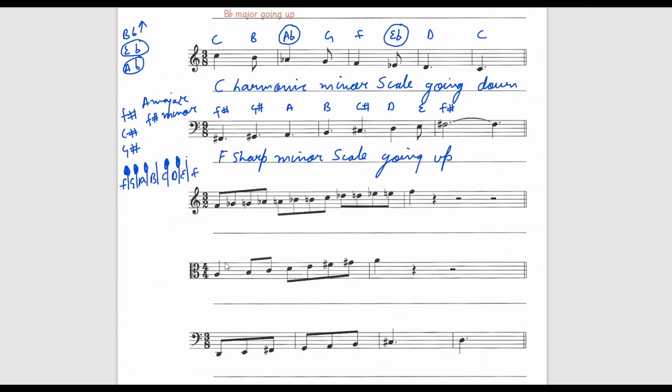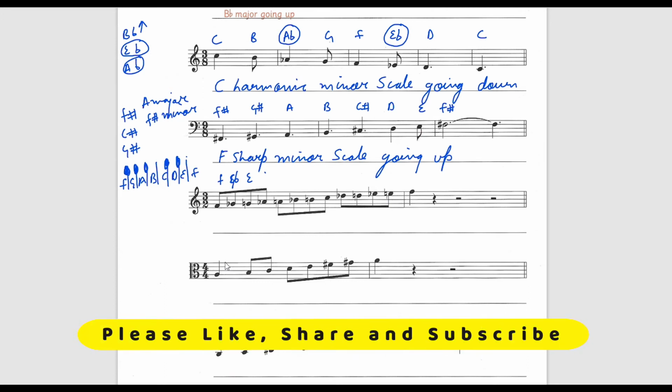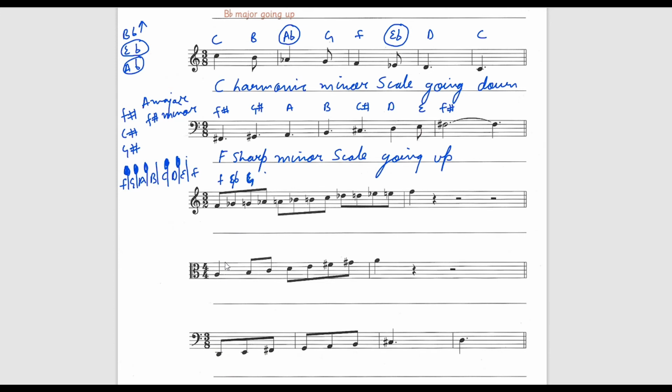So let's start from here. So the notes we have are F, then E flat, E, sorry, this is G, G, A flat, A, B flat, B, C, D flat, D, E flat, E, and then F. So now let's check here.